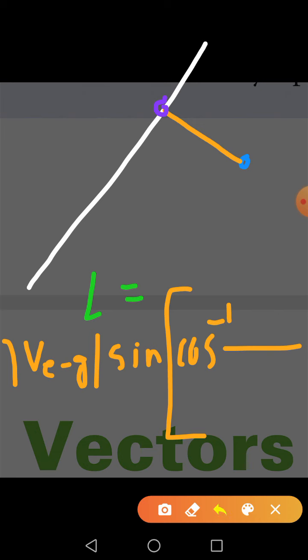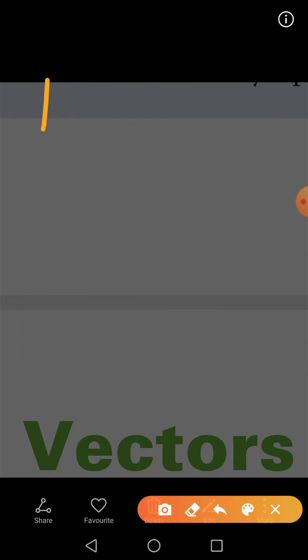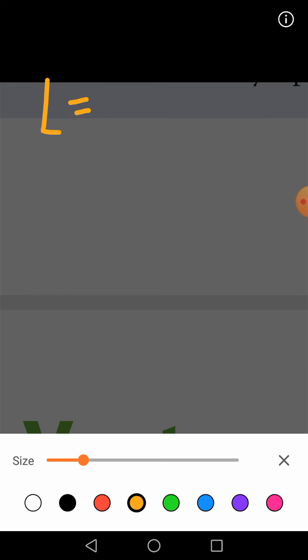Still I won't have enough space. Okay, so L would be equal to, I will just write V, and it should be V from the external point to the given point.